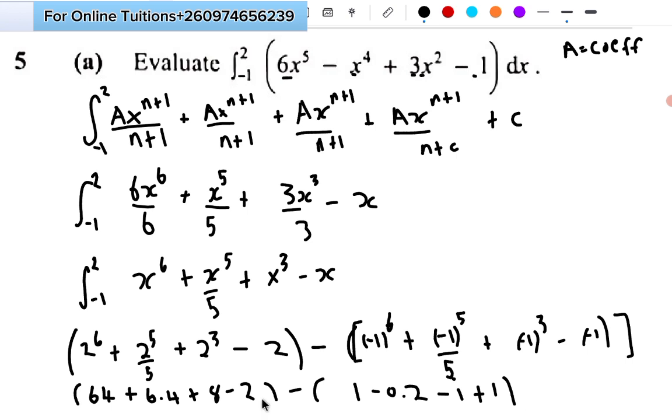Now let's work this side, then we subtract. 64 plus 6.4 plus 8, and then minus 2. We get 76.4.